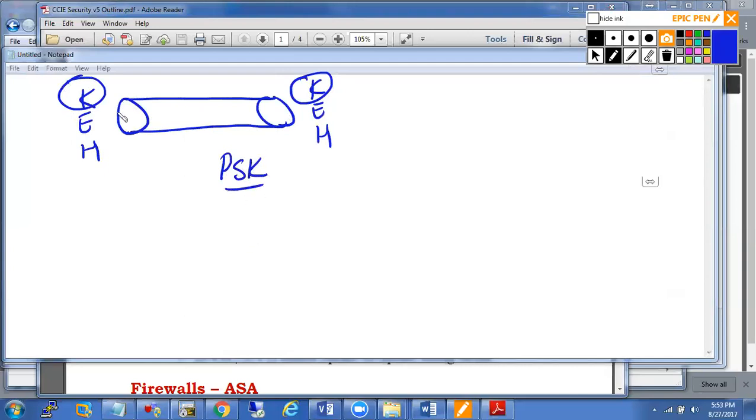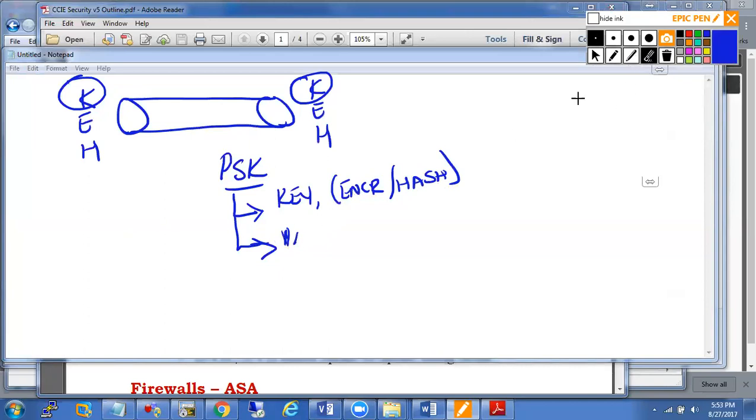The purpose of the key is to provide the key for your encryption and to provide the key for your hash. It also is a way of validating the peer. So the pre-shared key provides 2 functionalities. Number 1, it is the key that is used for your encryption and your hash. It is also used for another factor, which is validation of your peer.